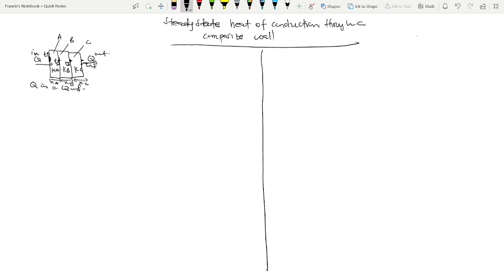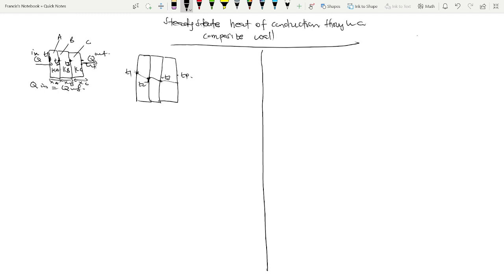So if I'm enlarging it, we have T1, T2, T3, and then the last one is T4. Because this T1 will have a higher temperature than T2, and T2 a higher temperature than T3, and T3 a higher temperature than T4, there will be heat transfer. So now what I'm saying is that the heat transfer from this point to this point will be the same as from this point to this point, the same as from this point to this point.